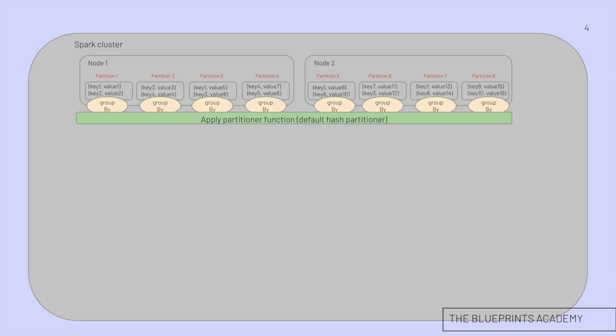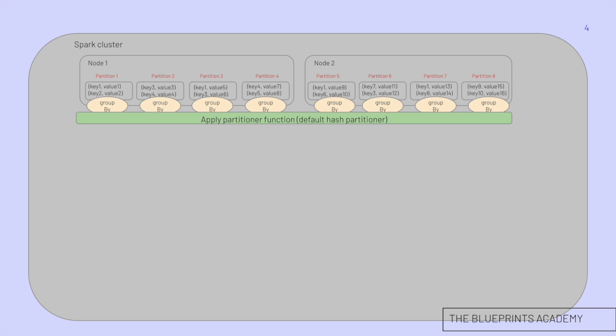If you look very closely, we are performing a group by operation, and this group by operation needs the same keys to be in the same partition in order to group. So we need to somehow know which partition key 1 should go to, which partition key 2 should go to, and so on. This partitioning function, the default hash partitioner, does exactly that. It calculates the exact partition for a particular key value pair.